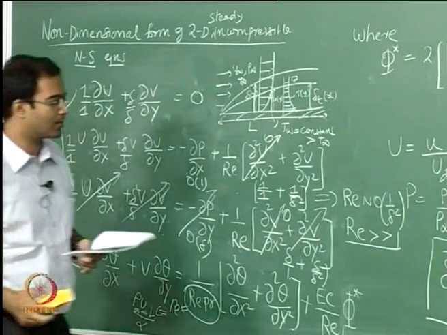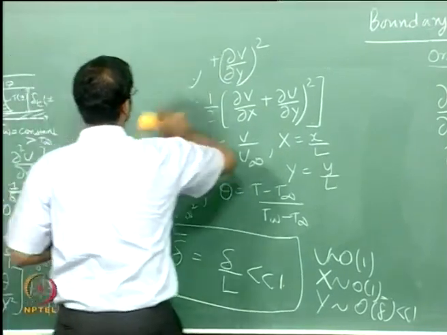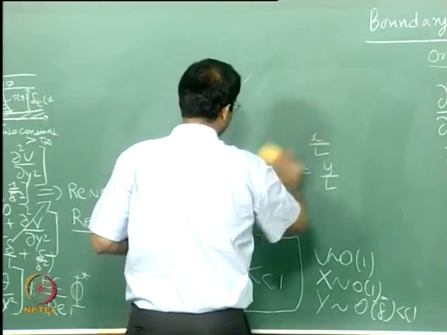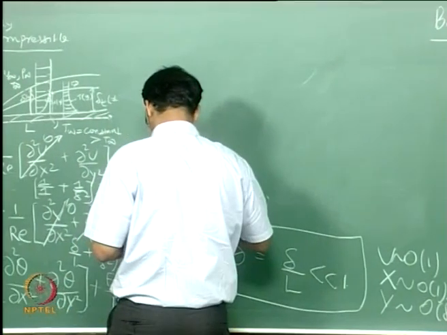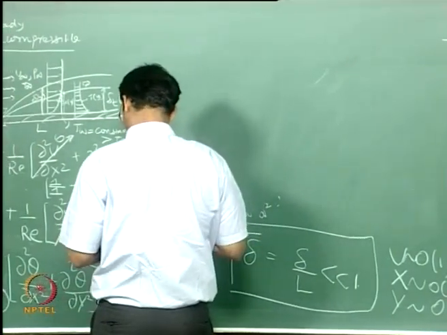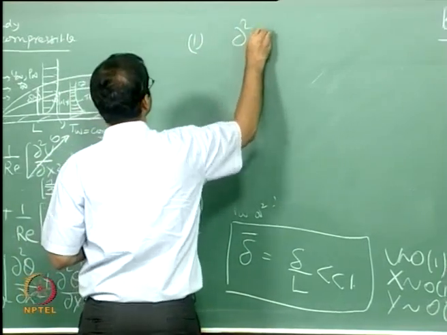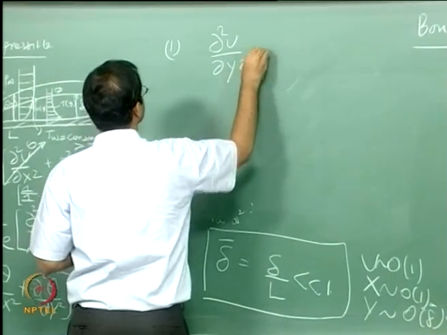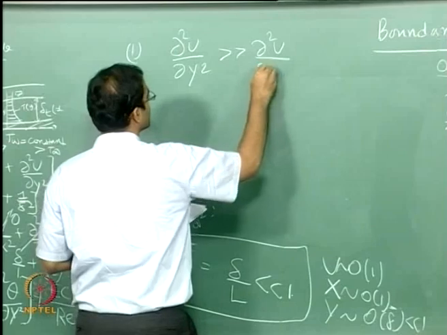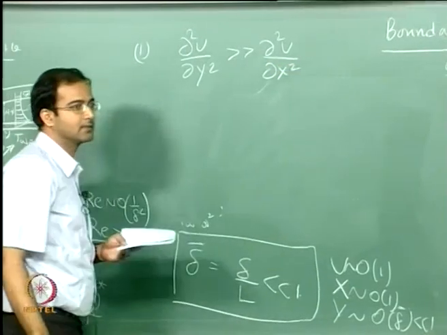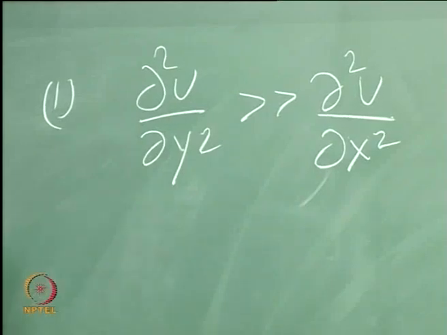Therefore what comes out of this order of magnitude analysis is, number 1, d square u by dy square is much greater than d square u by dx square. This comes from the x momentum equation, that is the first term that you neglected.